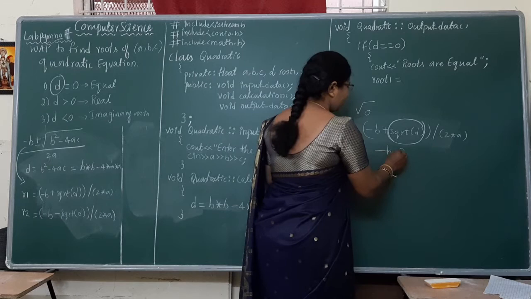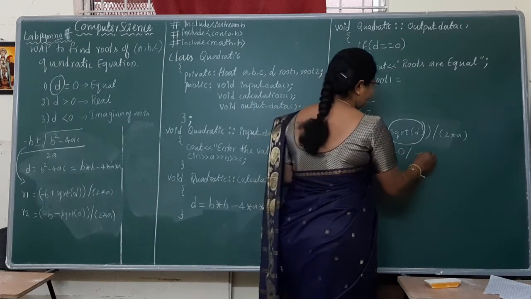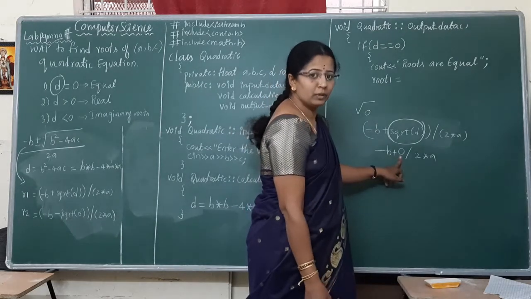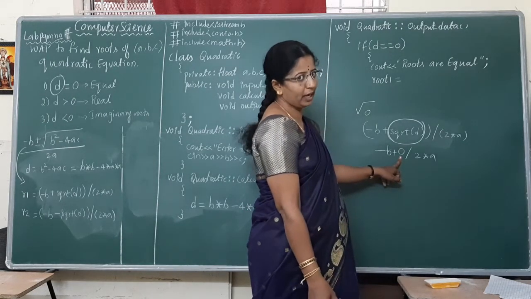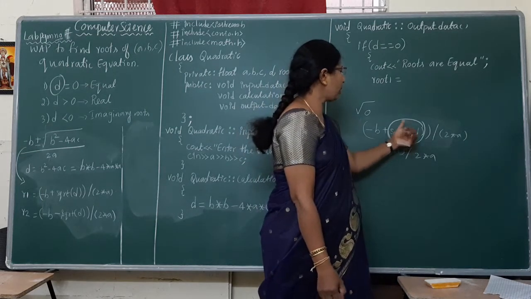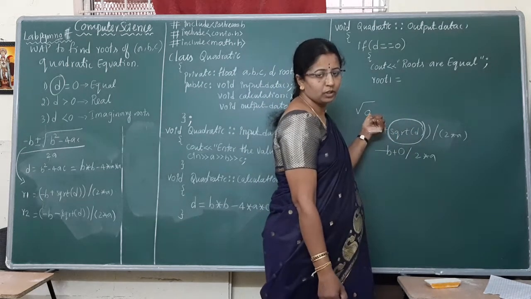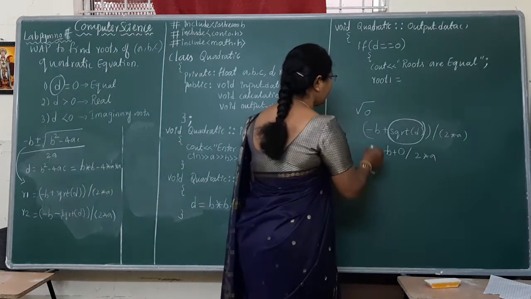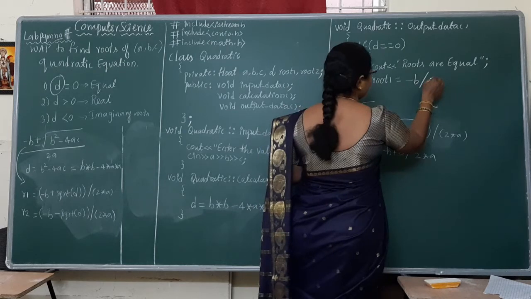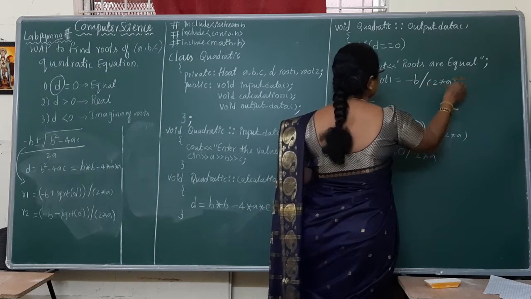What will you get? Minus B plus 0, divided by 2 into A. Is it required to write the 0? It's not needed. Any square root of 0 gives you 0. So what I need is minus B divided by 2 into A. This much is enough.